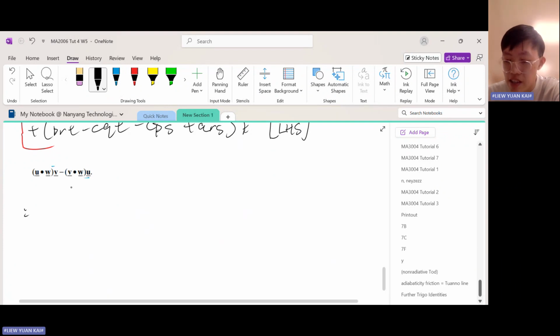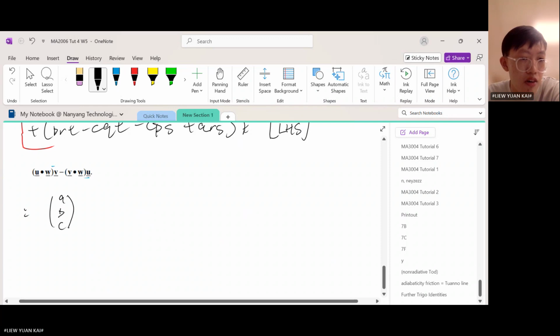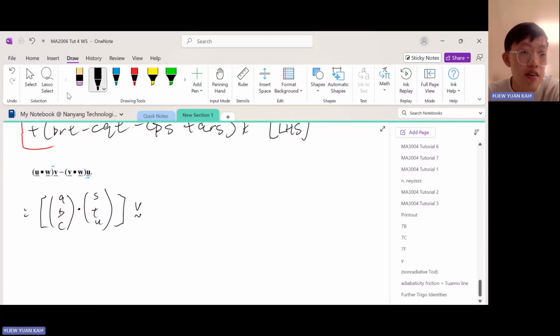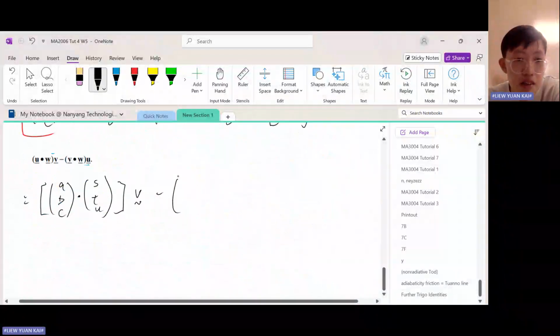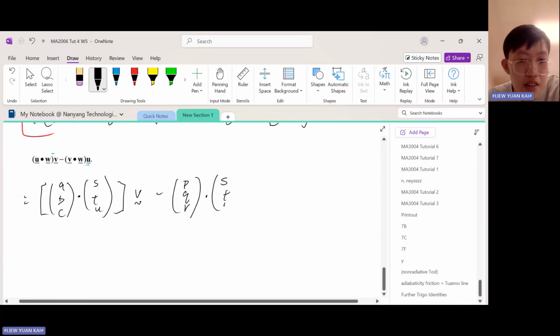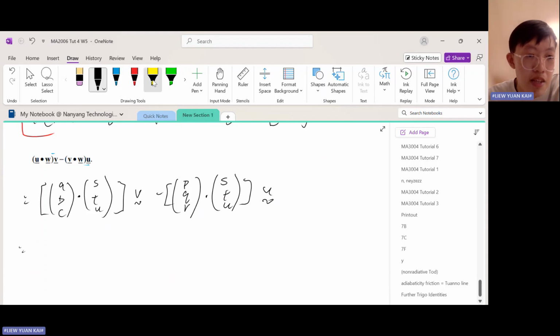So instead of writing Ai plus Bj plus Ck, I'm going to write A, B, C dot W, which was S, T, U, and later we'll multiply this with vector V. Minus, vector V was P, Q, R, dot W, which was S, T, U, and later we multiply this with vector U. Let's evaluate the dot products first.